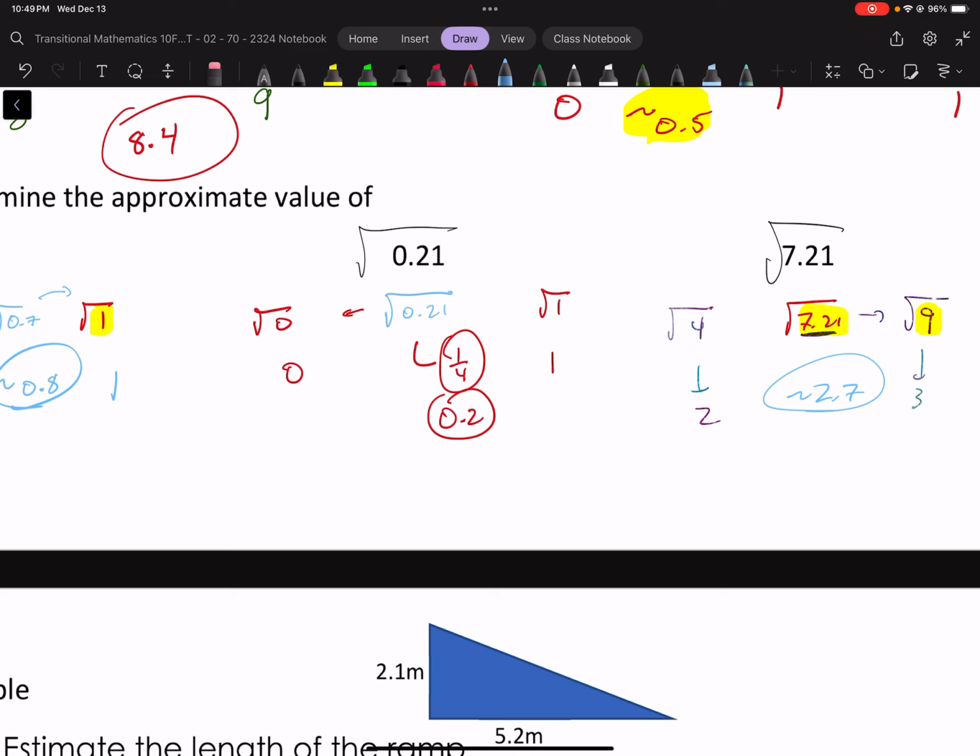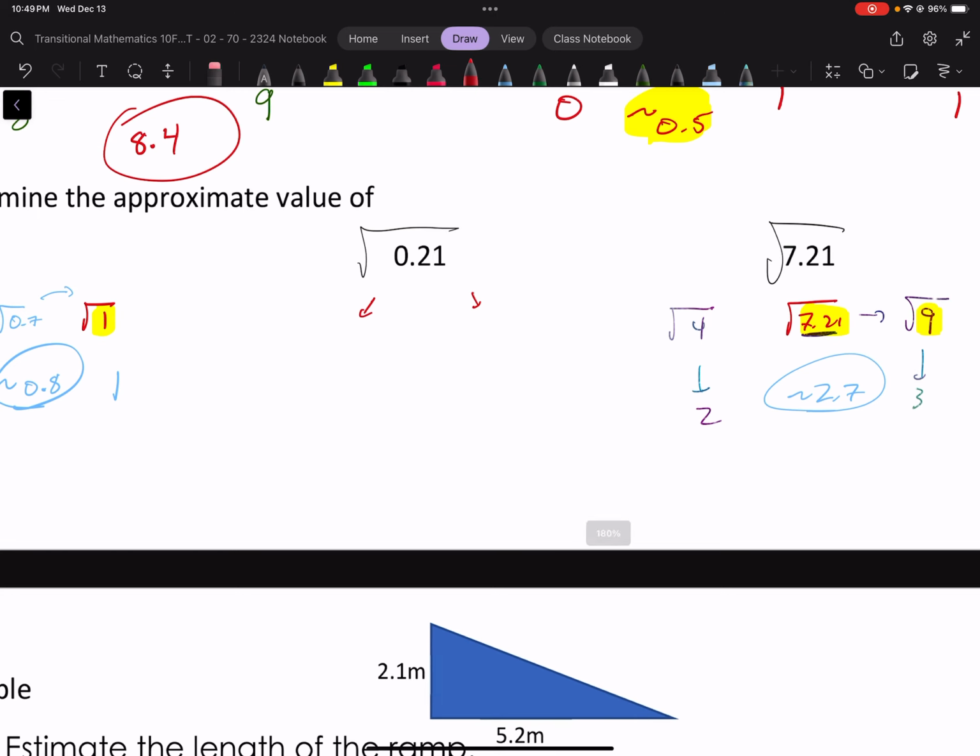Okay, I am just going to erase this one, and I'm going to try to make this really, really specific. Now, you have to be pretty clever to think of these. So maybe I want to think of 0.21 not as 0.21, but as 21 over 100.